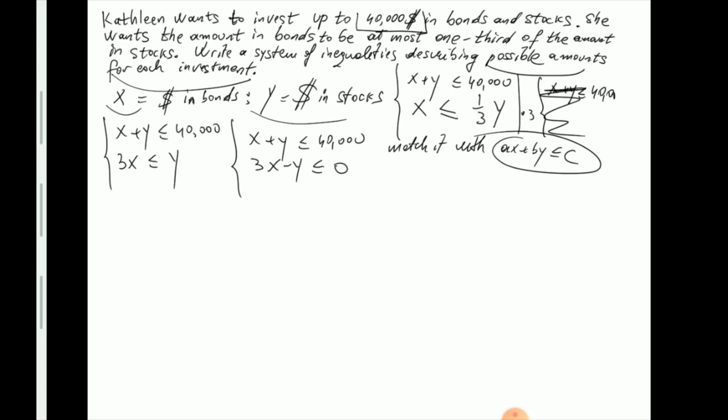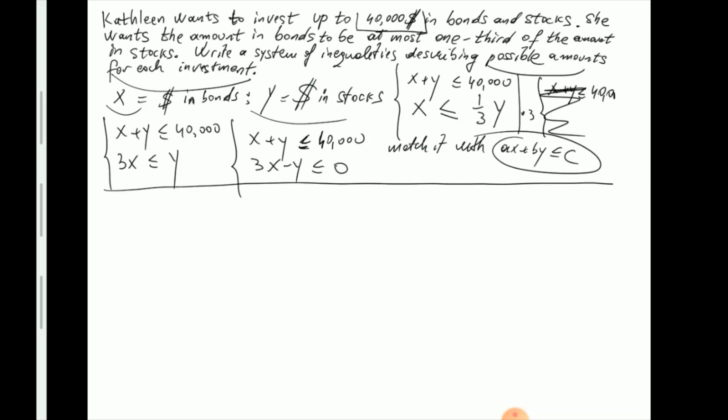So basically write each of these. It's a good practice to do that for later. Right now it doesn't matter, but later the way you write it down might make a difference when we apply other algorithms. So these are the two conditions. X plus y less than or equal to 40,000, 3x minus y less than or equal to 0.